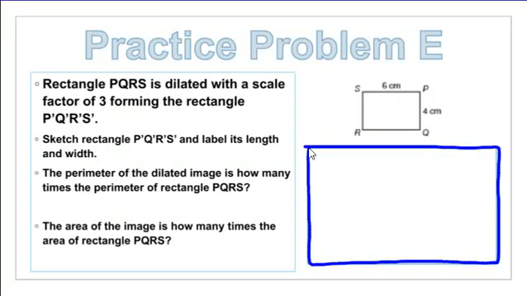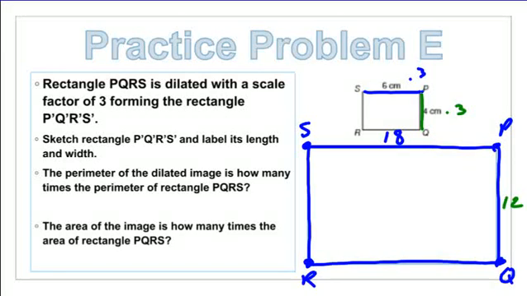Let's label this one as S, this is P, this is Q, and this is R. If this top part is 6, multiplied by 3, that would be 18. This side here, PQ, 4 times 3 would give you 12, so that means this side is 12.